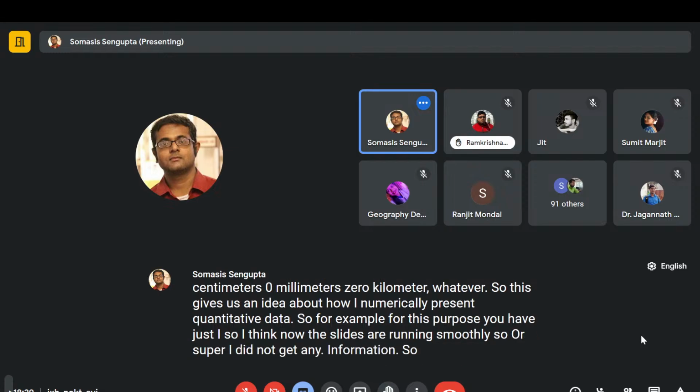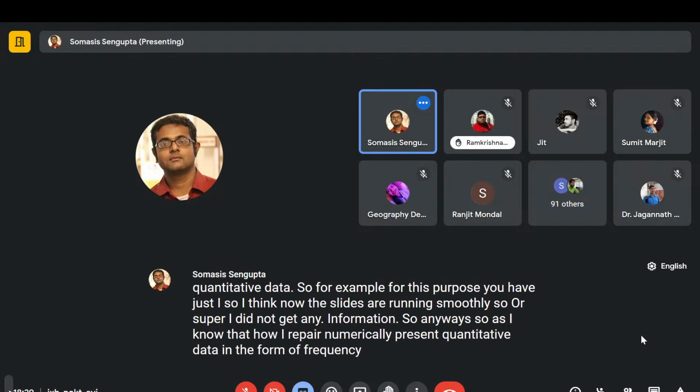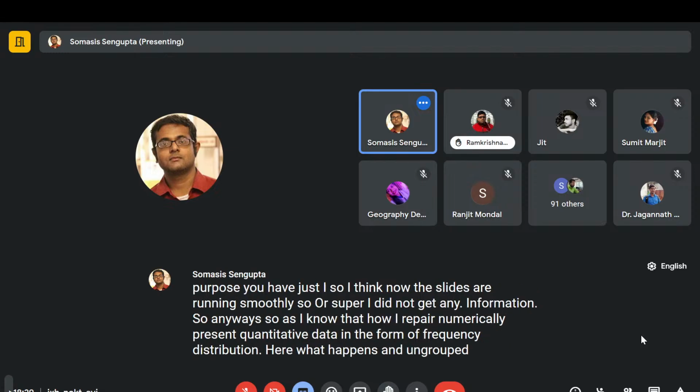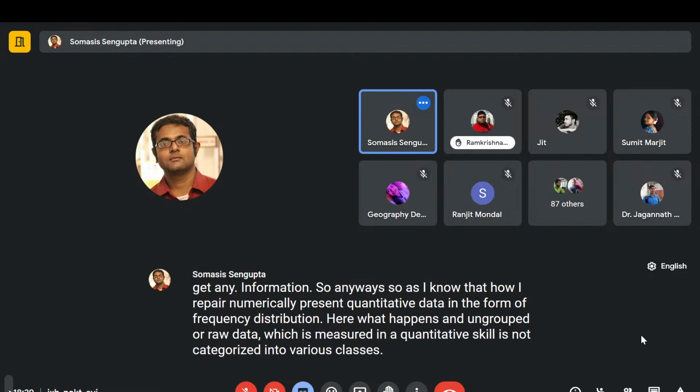So, as I know how I will numerically present quantitative data, in the form of a frequency distribution. Here, what happens is that ungrouped or raw data, which is measured on a quantitative scale, is now categorized into various classes for the frequency distribution.